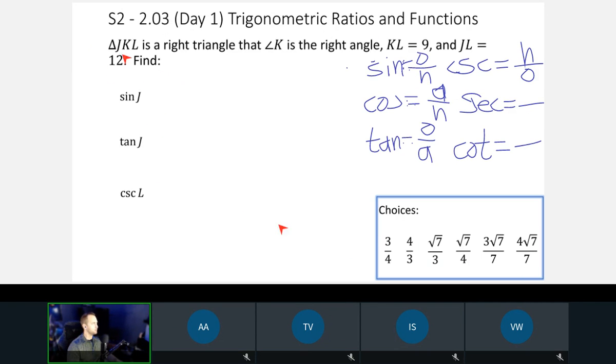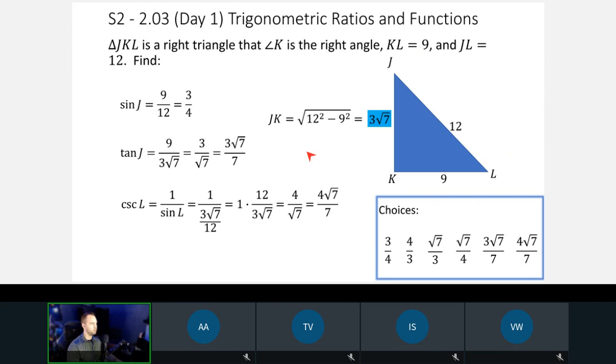This one here, you want to draw a picture. So with the word problem, draw the picture, label the stuff, and then this is a right triangle. That means we can use SOHCAHTOA. Sine is opposite over hypotenuse.